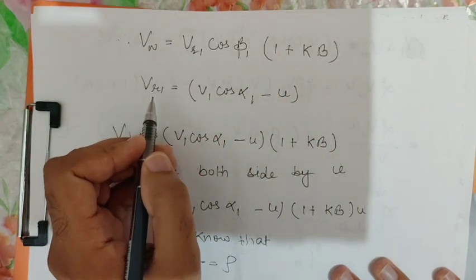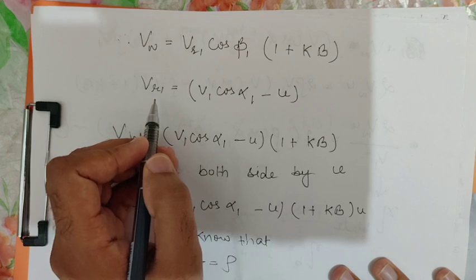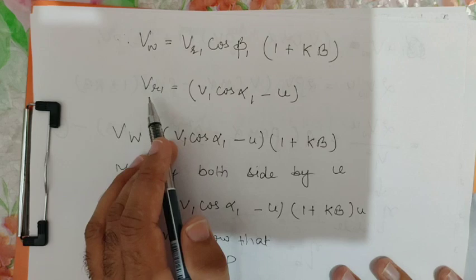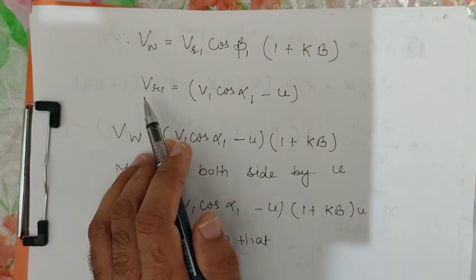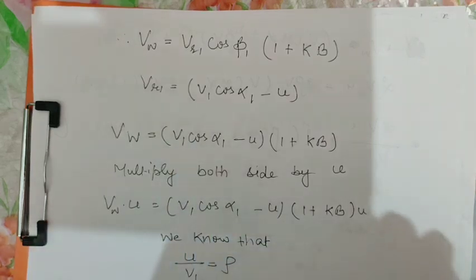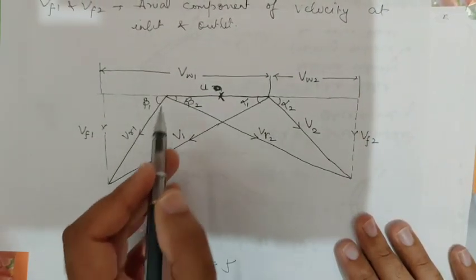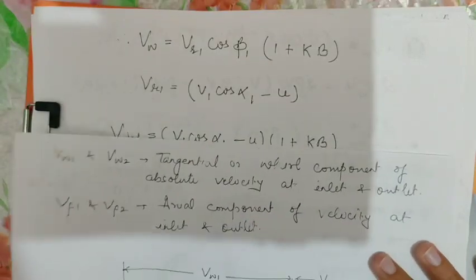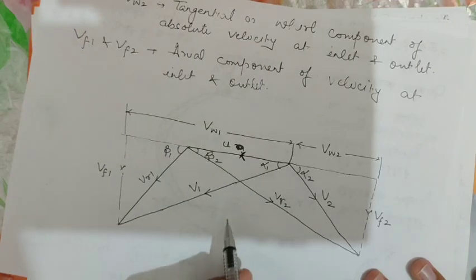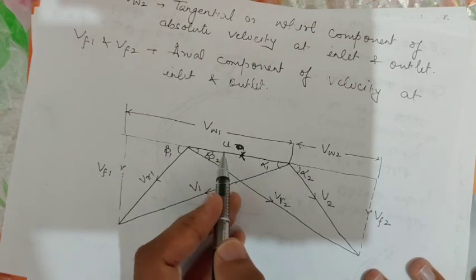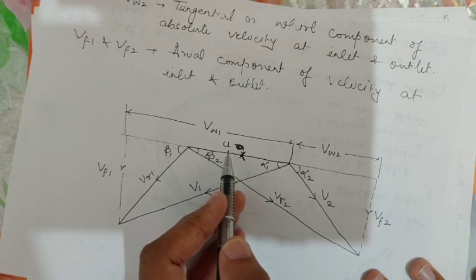So what is the value of vr1? From this velocity triangle, if you see trigonometrically, we can write vr1 as v1 cos alpha 1 minus u.